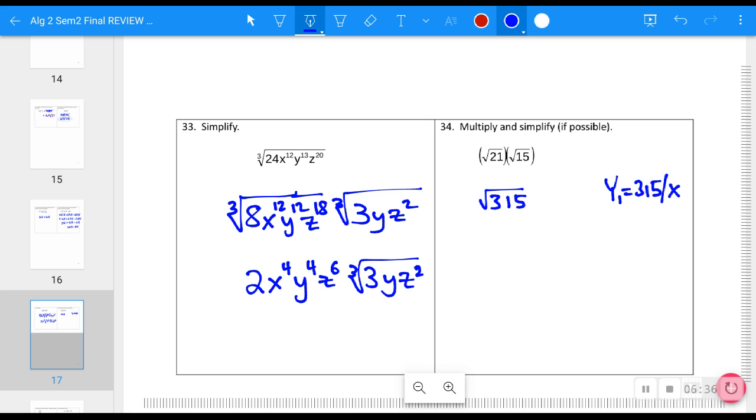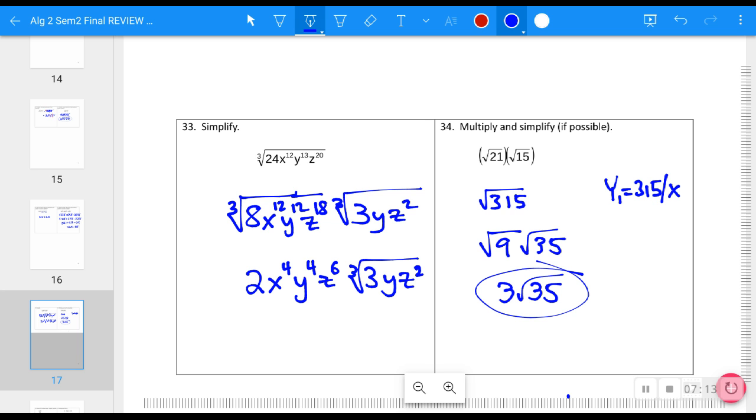And you're looking on the right-hand side going down until you find a perfect square that goes into 315. And you keep scrolling down. And I'm doing it on my calculator here, and it's 9 times 35. So your final answer is 3 root 35.